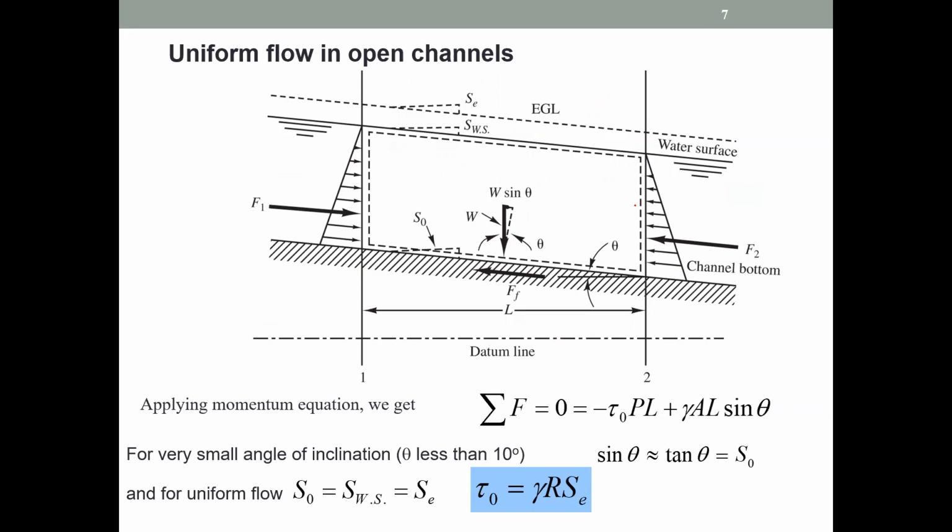So the first equation that we use is the momentum equation, and we will use the energy balance. Do you remember how we define or derive this momentum equation? What is the basic equation we use? That is called the Reynolds transport theorem, right?